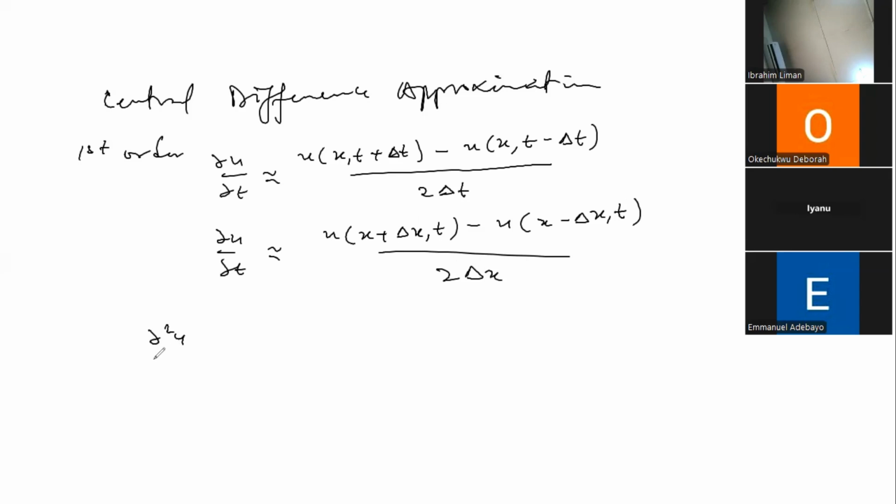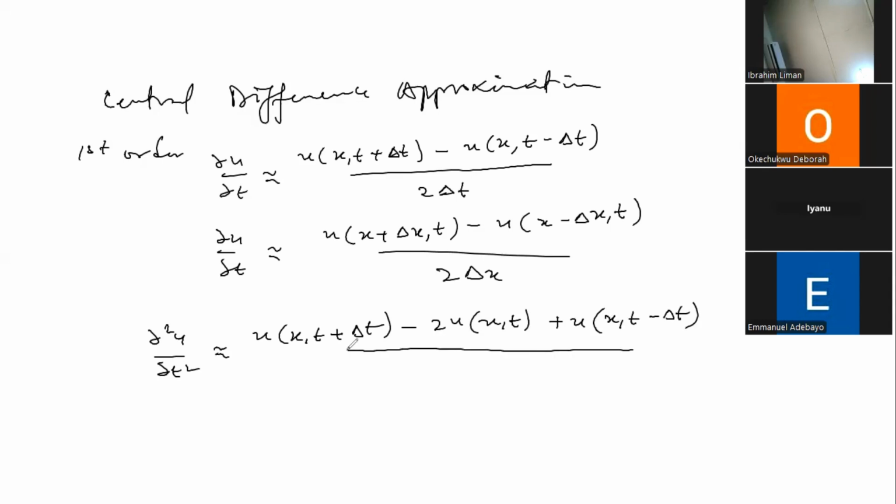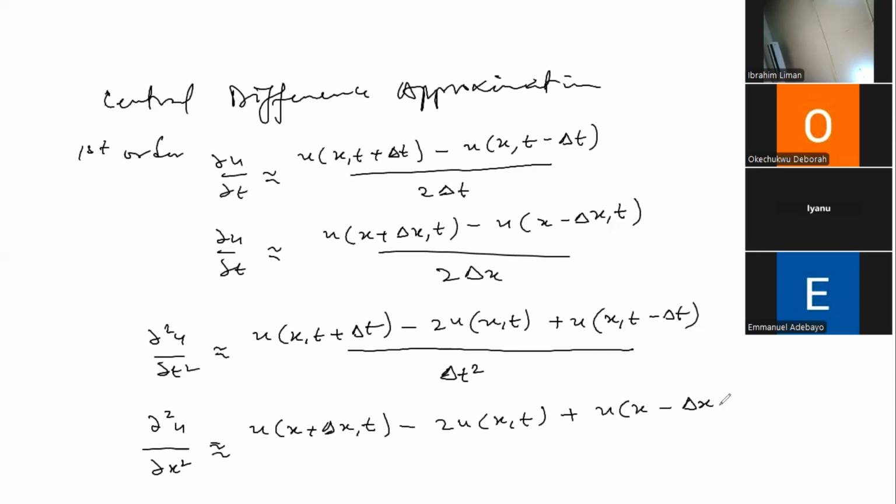So the second derivative d²u/dt² is approximately u(x, t plus Δt) minus 2u(x,t) plus u(x, t minus Δt) over Δt squared, and d²u/dx² will be approximately u(x plus Δx, t) minus 2u(x,t) plus u(x minus Δx, t) over Δx squared.